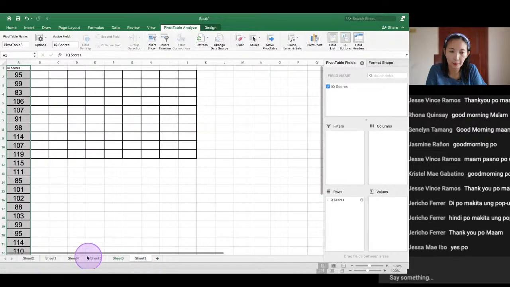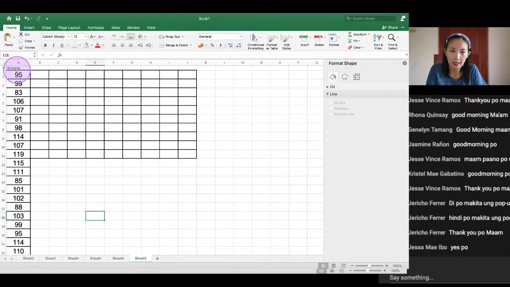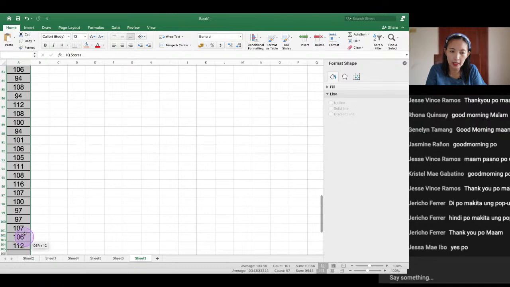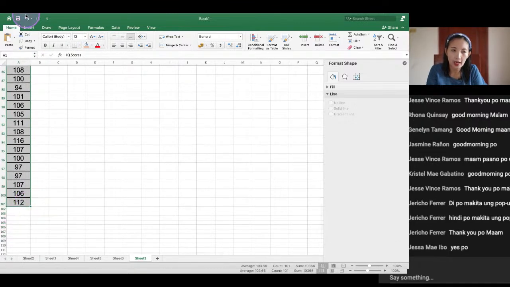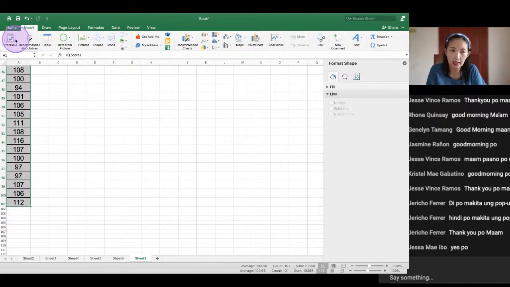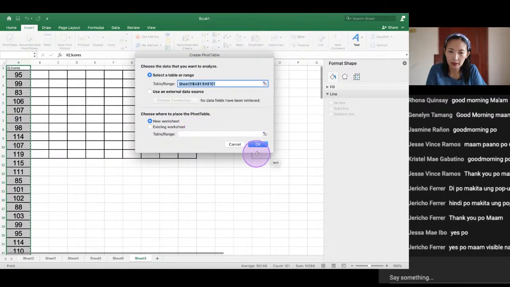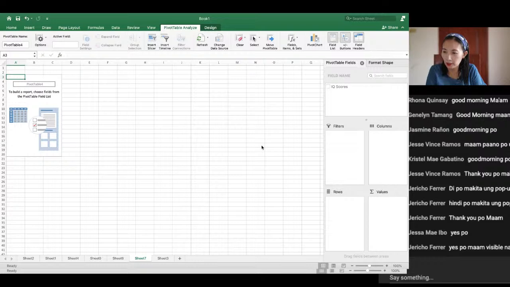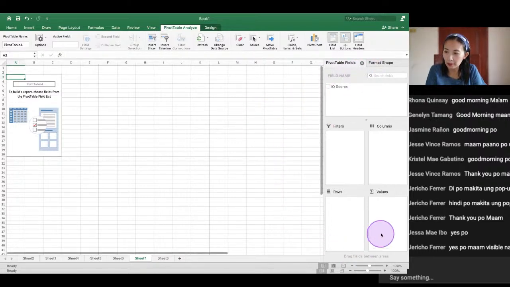Let's do it again. Highlight including the variable name. Go to insert, click pivot table, and then click OK. It will open in a new sheet, and the pivot table will appear.